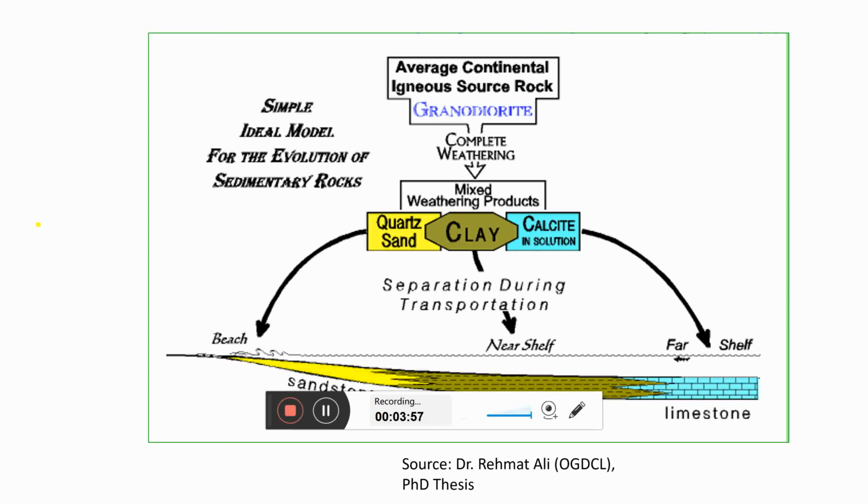If the source is continental, or it can be igneous rock, from where these are eroded, and then they move towards the river, sea, ocean, and settle, just like the limestone settles at more depth compared to shale, and then at the top there is the sand. Today we will learn about these sediments, their properties, and how we can assess these depositional environments.